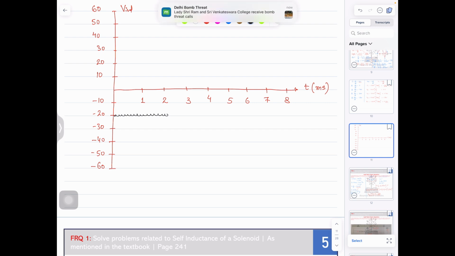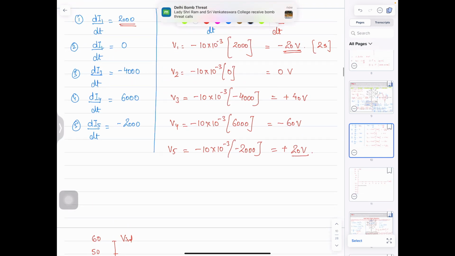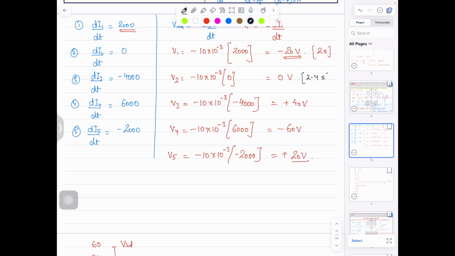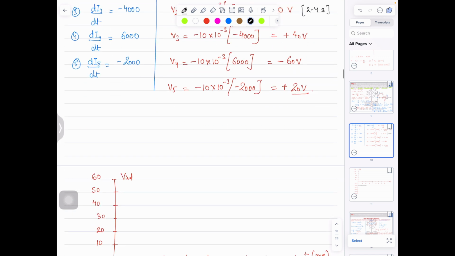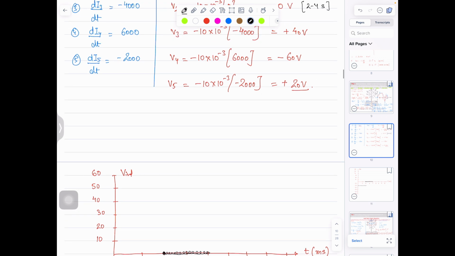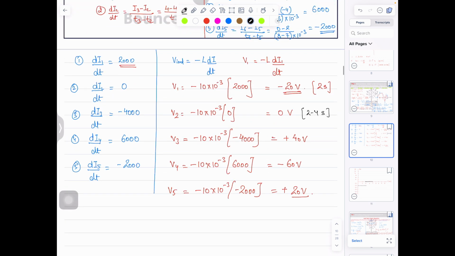Then just check the values. This is for 2 to 4 seconds. Second graph, 0 volt. Place it, 2 to 4. This is your second graph. Third graph. Now we need to check the third value. Third value is 40 volt.